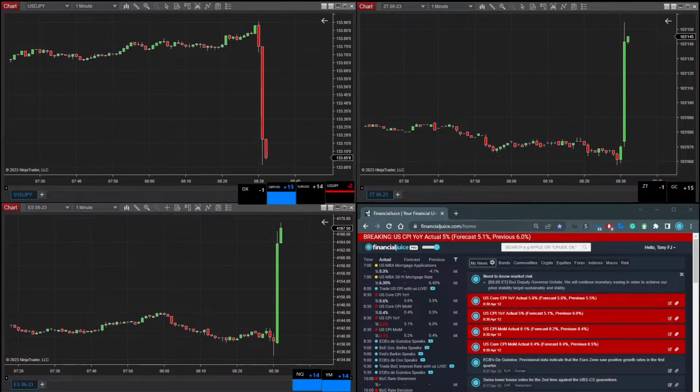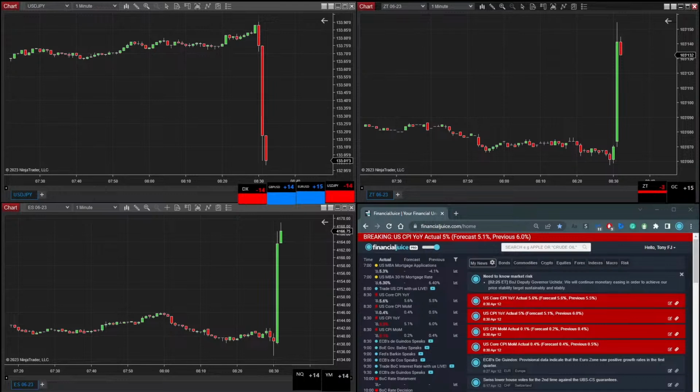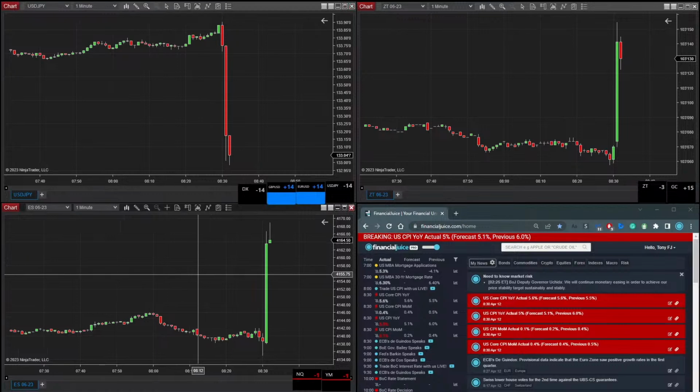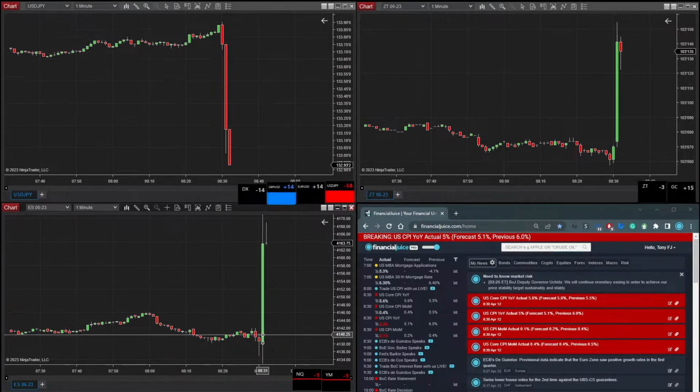If you get figures that are lower than expected for a couple of the prints, then you'd see a positive reaction from the S&P 500. On the flip side, if you do see a couple of points that are higher than expected, particularly the core and the year-on-year, then you'd expect an appreciation in the dollar instead, a depreciation in bond prices, and an appreciation in the bond yields.